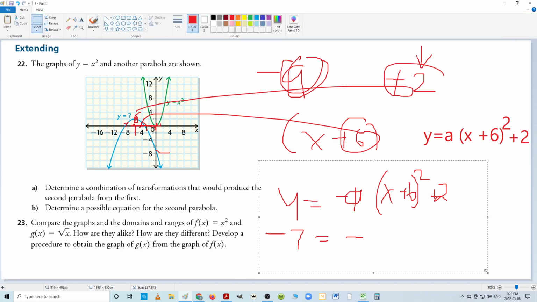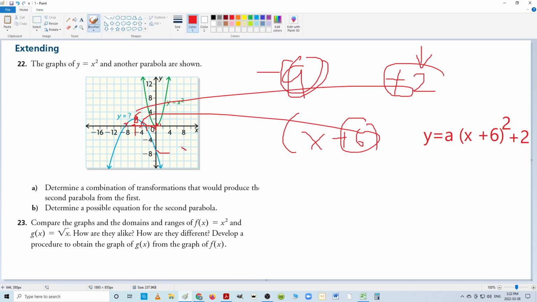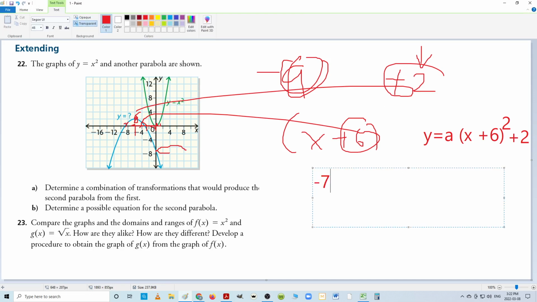Then I can see a clear point on the graph, which is right there, 0 comma minus 7. So I'm going to replace my y with minus 7. I'm going to leave my a, and I'm going to replace my x with 0 plus 6 squared. So I'll just write it like that. Plus 2. Minus 7 is equal to a times 6 squared. What's 6 squared? 36. Plus 2.